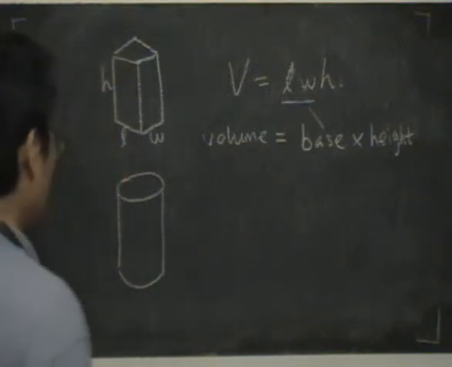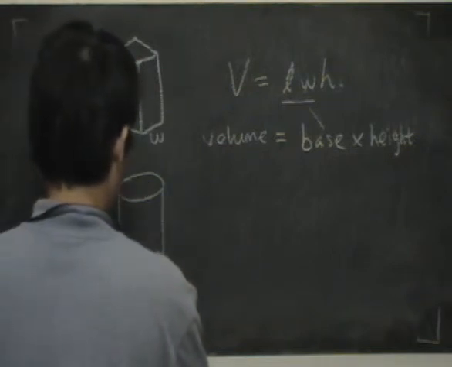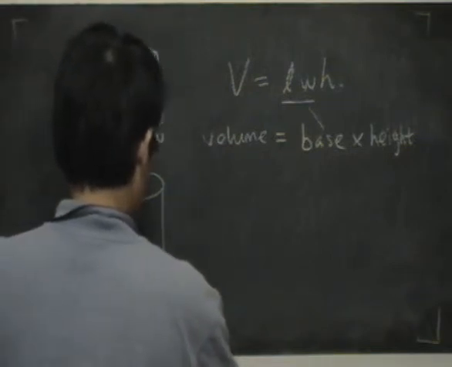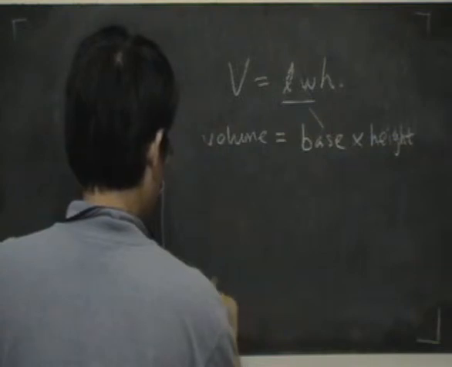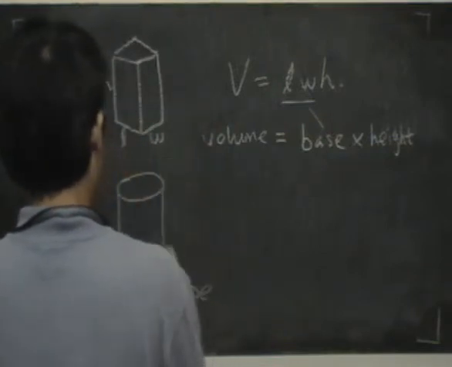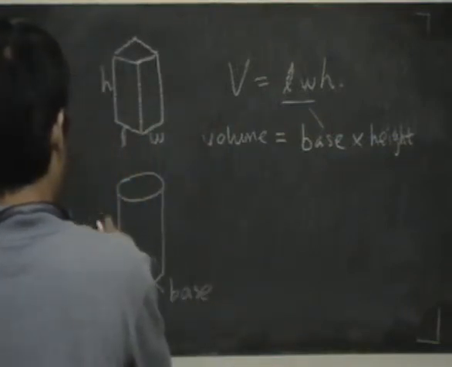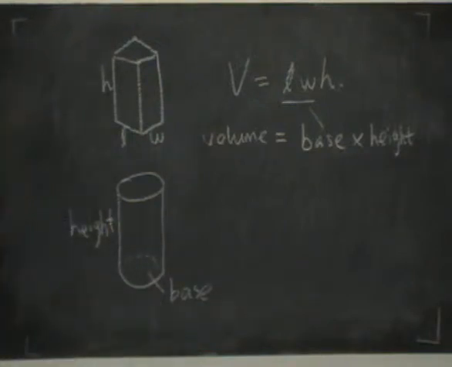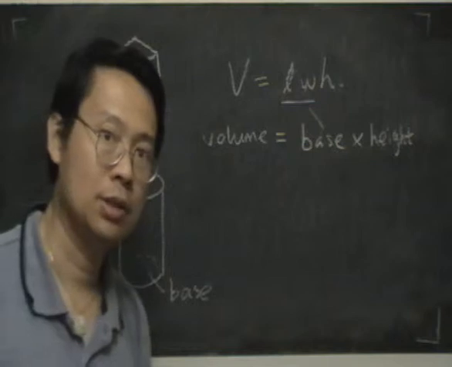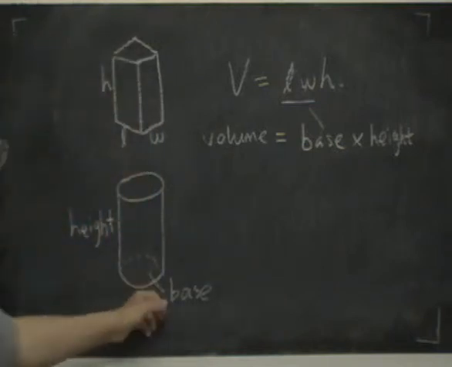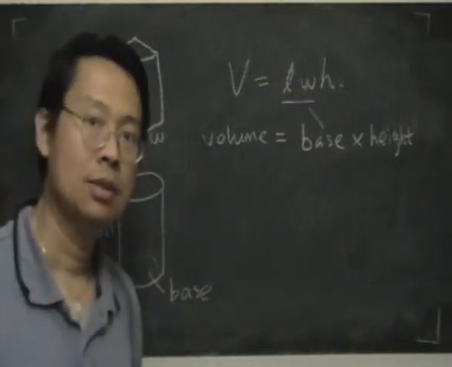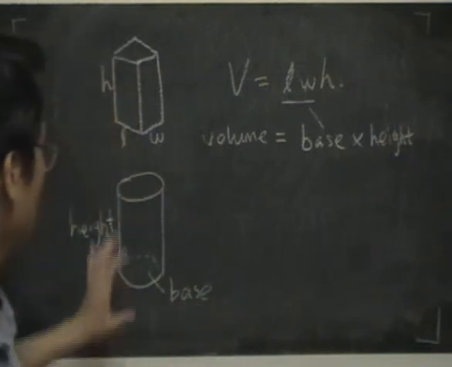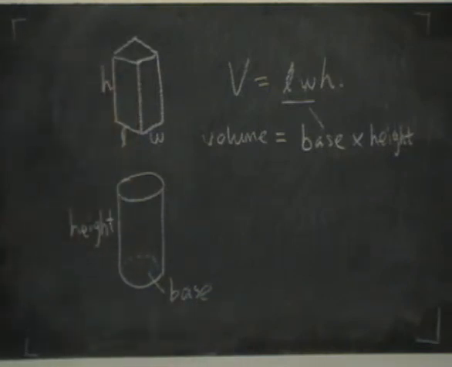So that's the base, that's the base area, that's the height. And the volume of the cylinder is simply base times height. So that makes it easy to find the volume of a cylinder.